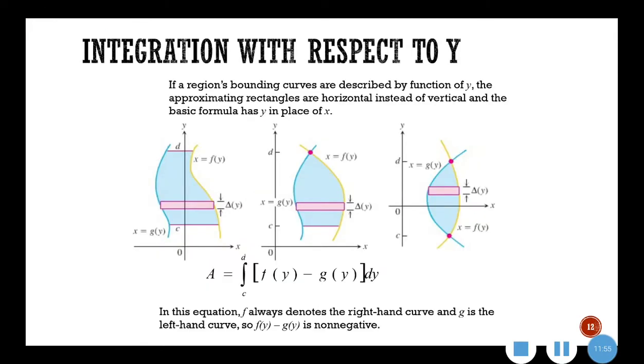So now we proceed to another technique to find the area between curves, where kalau before this we integrate with respect to x, kan, dia punya width tu kita consider dx. Alright, but this time we consider integration with respect to y, meaning to say dia punya rectangle sekarang dalam keadaan melintang.